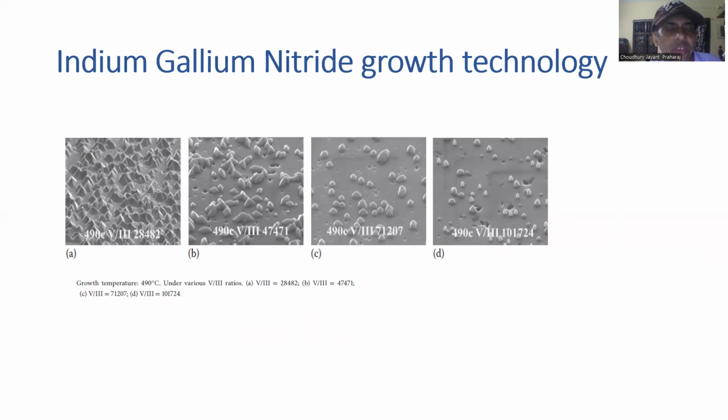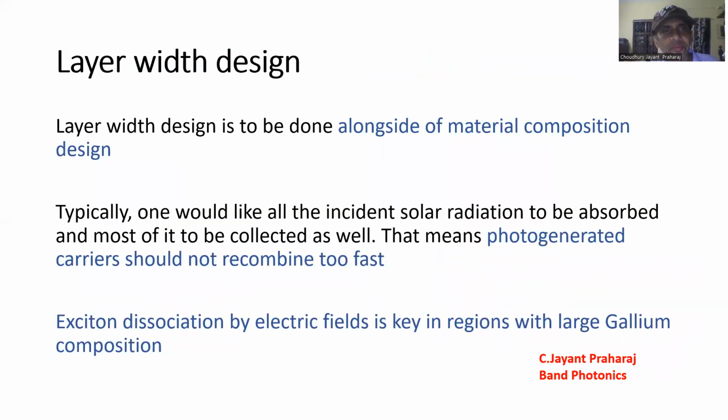We have indium gallium nitride growth technology, and we have these different kinds of morphologies of group 3 nitride semiconductors under different growth conditions. And those are some details for determining things like, for example, dislocation densities, recombination rates in these materials and in these solar cells.